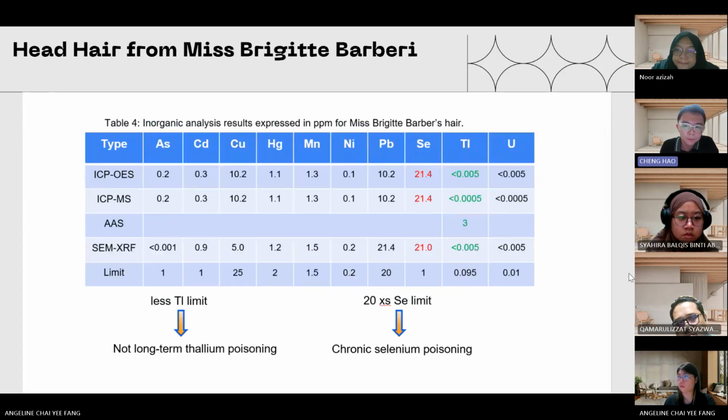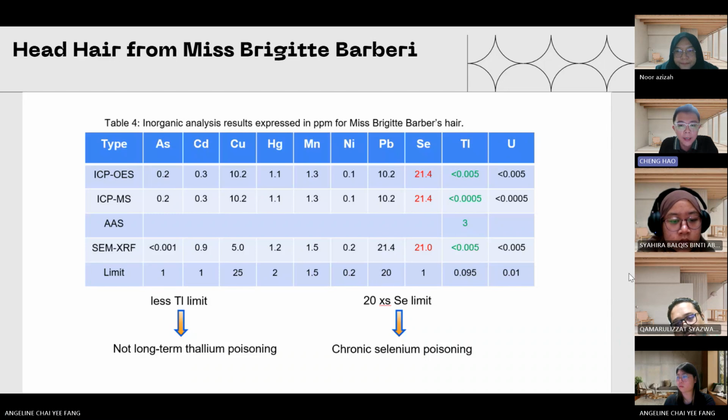Next sample is the hair of Bridget. The thallium content in her hair was less than limit, and the hair samples showed no damage to the roots, indicating that she had also not been exposed to thallium for a long time.